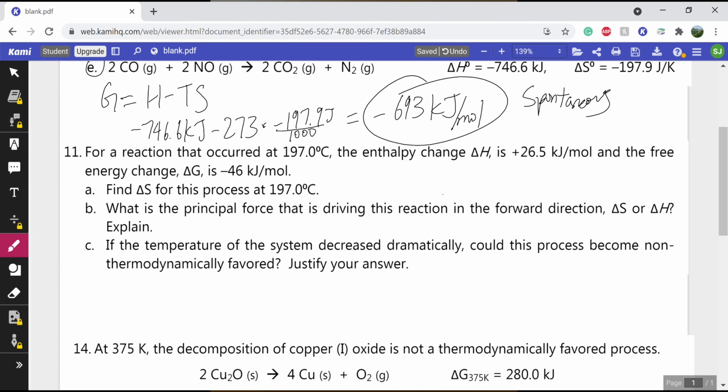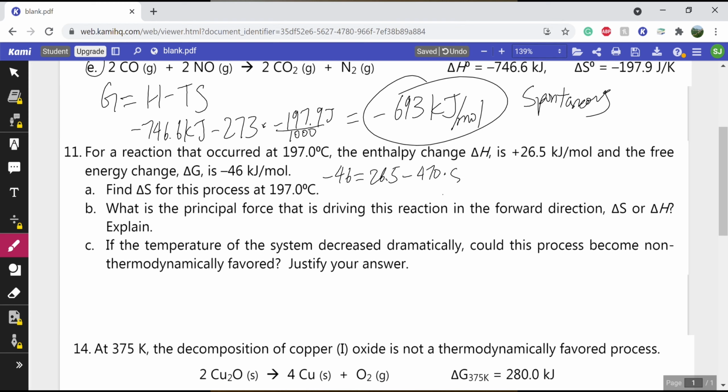Now number 11: for a reaction that occurred at 197 degrees, the enthalpy is this and the Gibbs free energy is this, find delta S. Again, negative 46 is equal to 26.5 minus temperature, which is 197 plus 273, so 470 degrees Kelvin, times X, which is going to be our delta S. I'm going to use S this time.